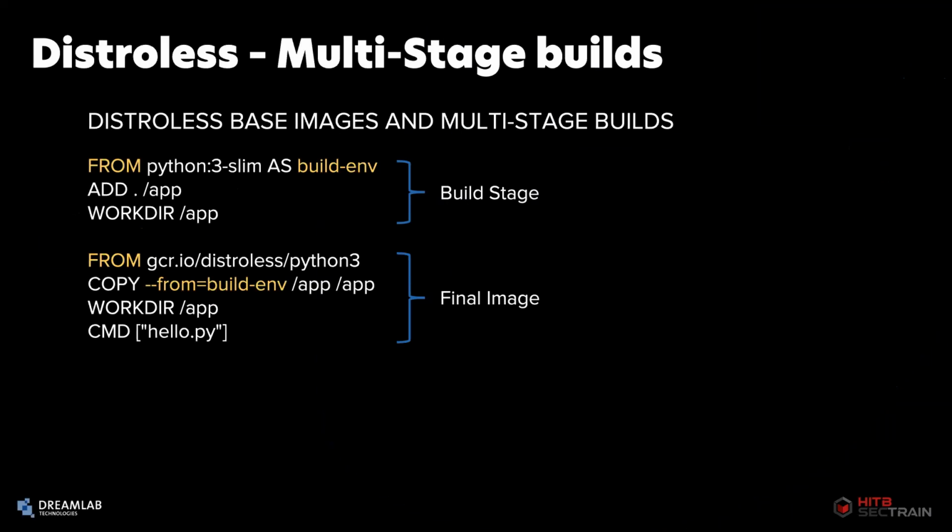So one of the most important decisions when creating the Dockerfile for our application is choosing the base image, right? Some use Debian, others use Alpine, and a recent alternative is to use distroless base images. And the idea behind distroless is to use the Docker multi-stage build feature.